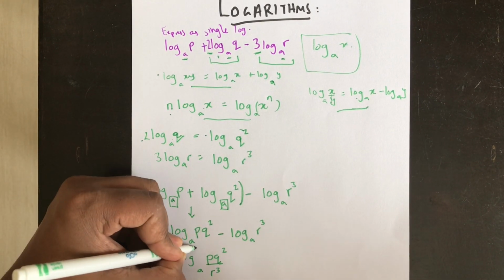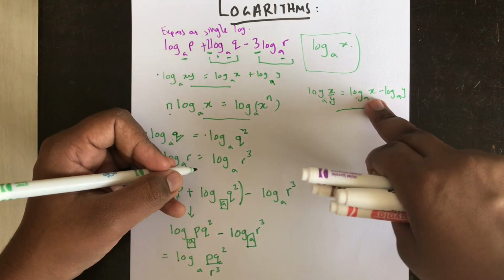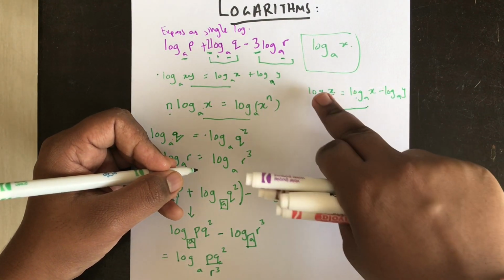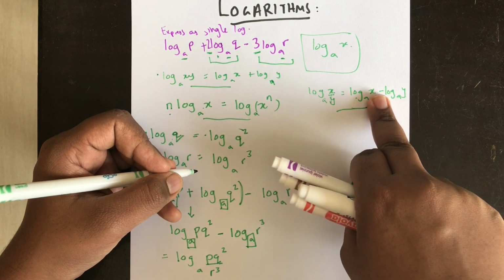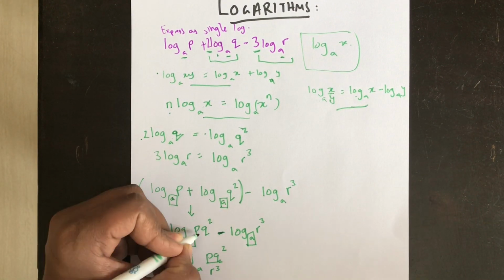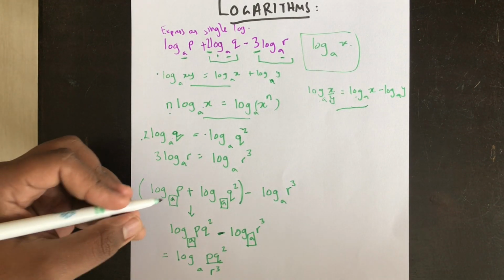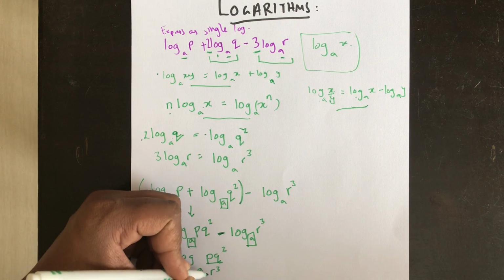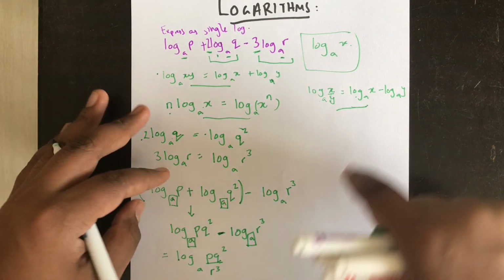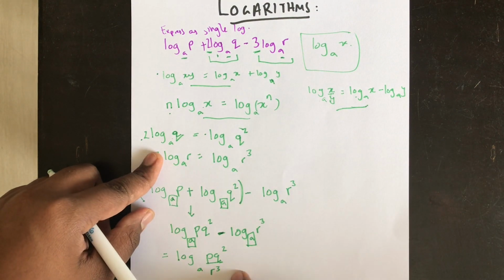One thing to make sure is that the bases have to be the same, and then after that you have your x and y. This is x over y, and because of the minus sign, I'm getting pq squared divided by r cubed. So my x is pq squared, my y is r cubed. So basically I'm translating this into this formula so I can get this.